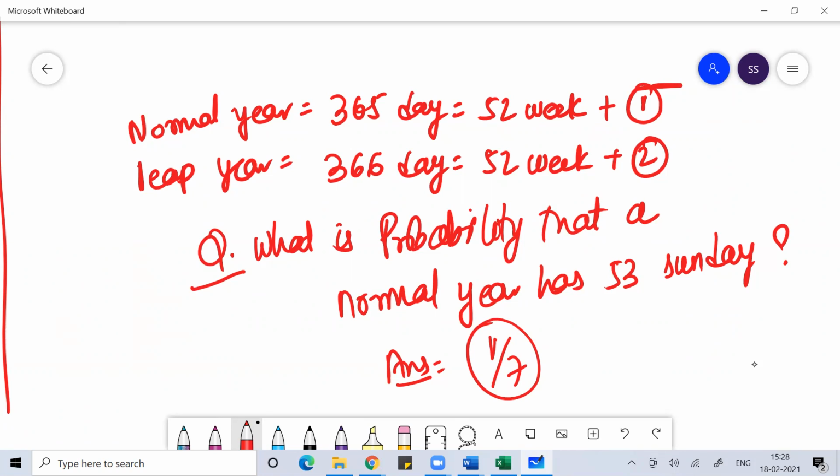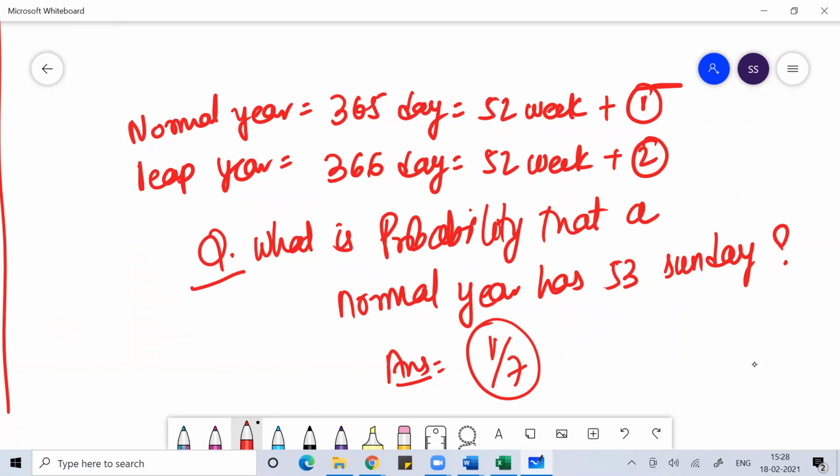If you understand, a normal year has 52 weeks plus 1 day extra. 52 weeks means 52 Sundays, 52 Mondays, 52 Tuesdays, 52 Wednesdays, 52 Thursdays, everything 52.